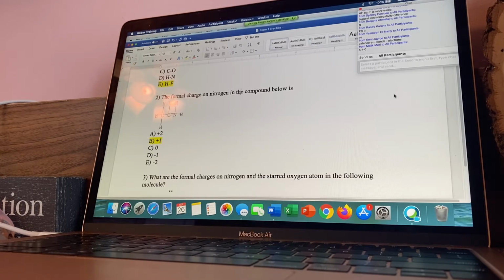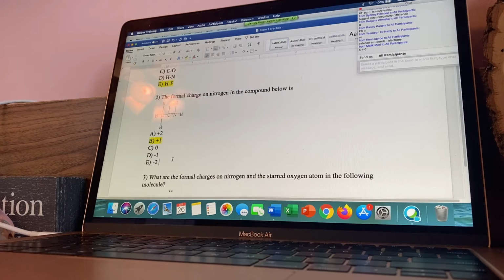I have a question, sorry. Yeah, Natalie, what's up? One of the practice problems for chapter 1 or 2 that you posted on the website, number 6, says what is the formal charge of O in the compounds below, and it gives you O and 2 H's. When I tried doing it, I know there's no lone pairs. Are we just supposed to know how many lone pairs O should have and do it based off that?